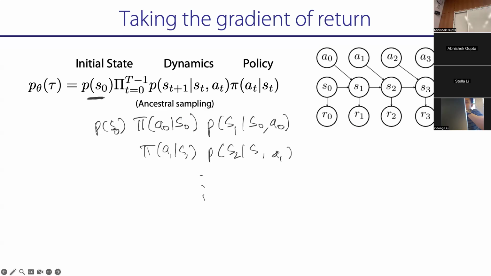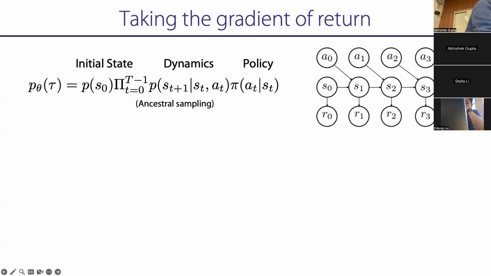If I sampled something really low likelihood, the trajectory would probably be low likelihood. The likelihood of an entire trajectory is essentially a product of the initial state likelihood times the dynamics likelihood times the policy likelihood. Because it's Markovian, you can break it up step by step.